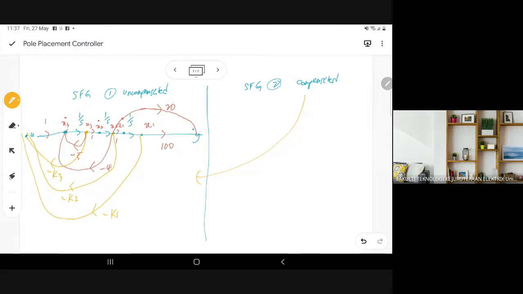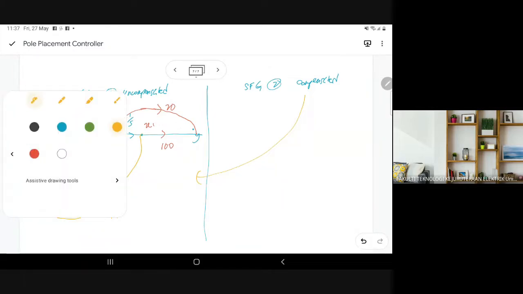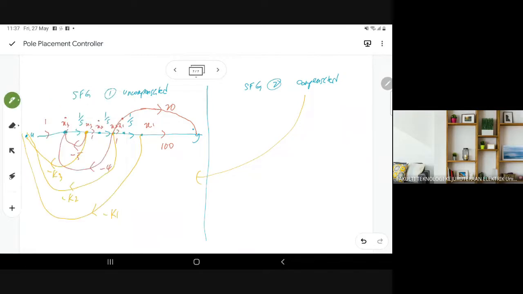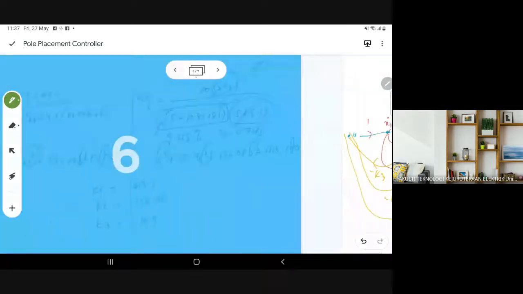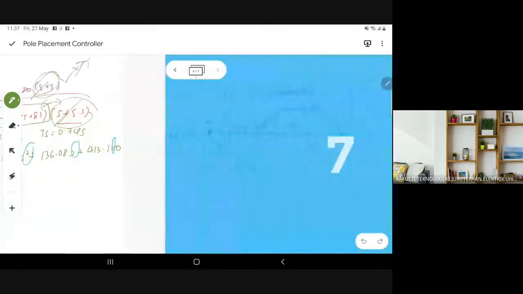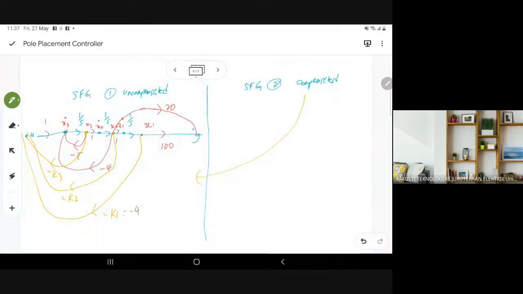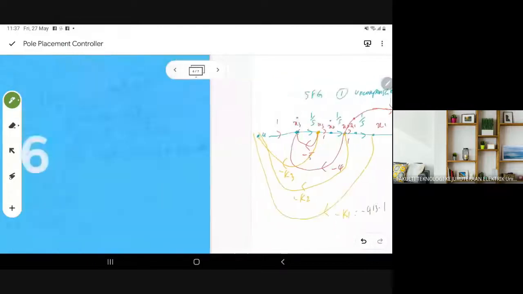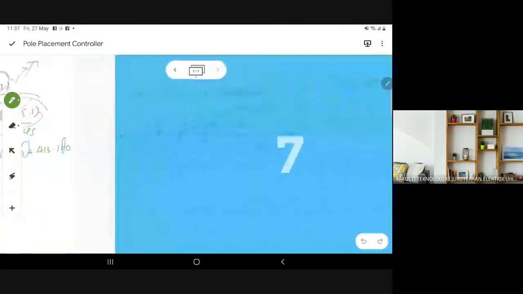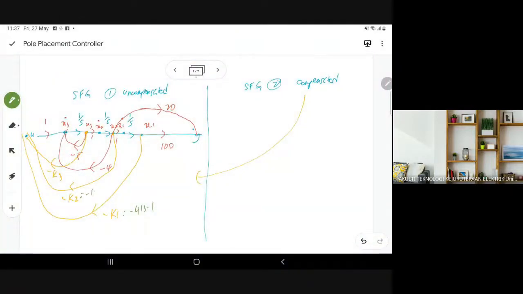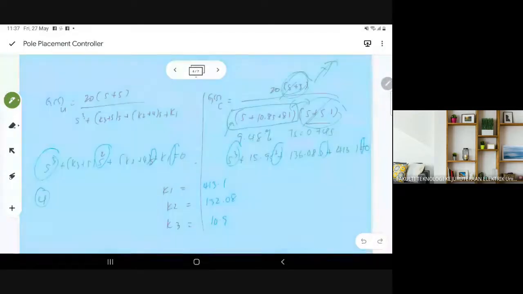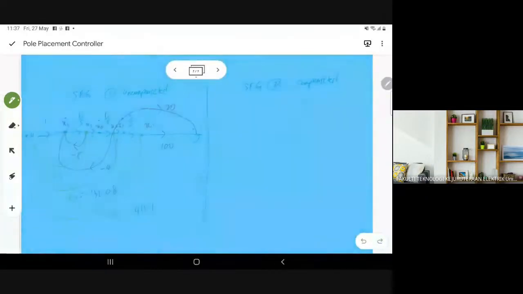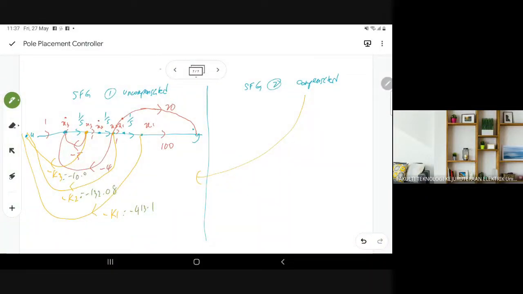From the calculation, we calculated that our K1 is equal to 413.1, and then our K2 is 132.08, and then our K3 is equal to negative 10.9.